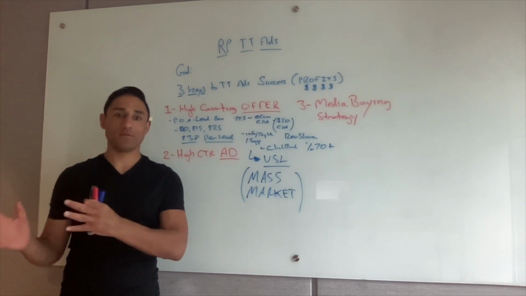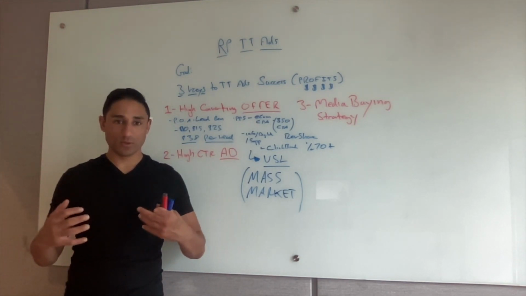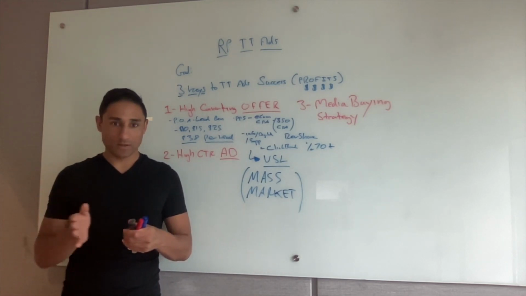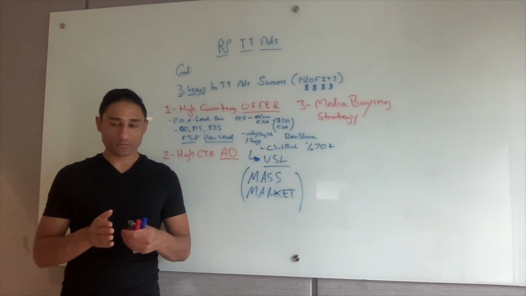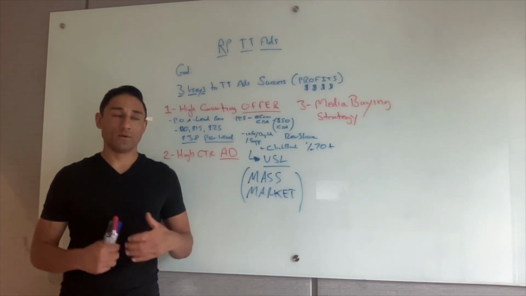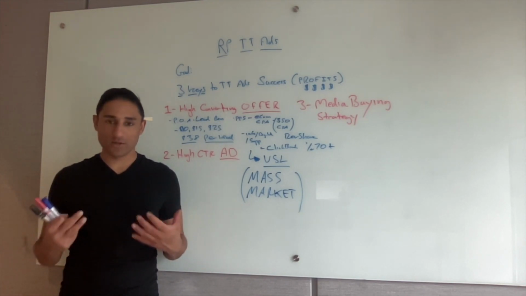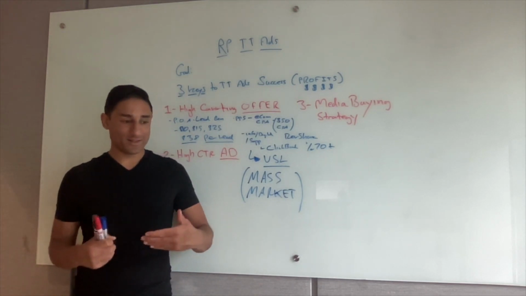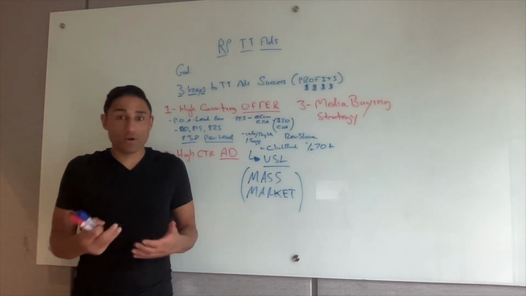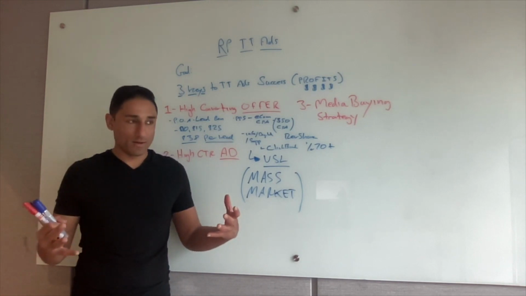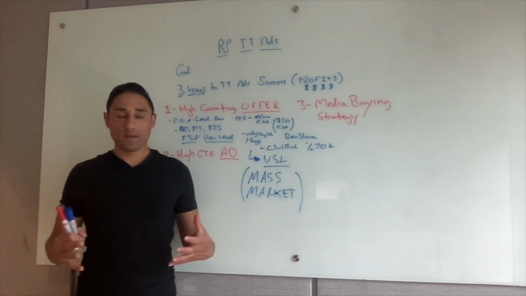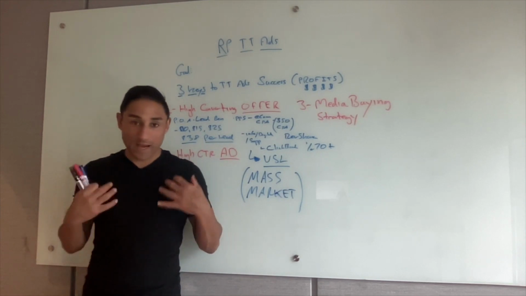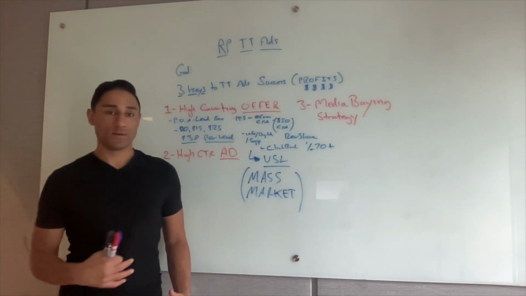The second is health. Most people would like to improve their health in some form. Most people, not most, but there's a large percentage of the population that needs solutions to certain problems within their health, okay? And this could be weight loss, this could be pain in their body, okay?